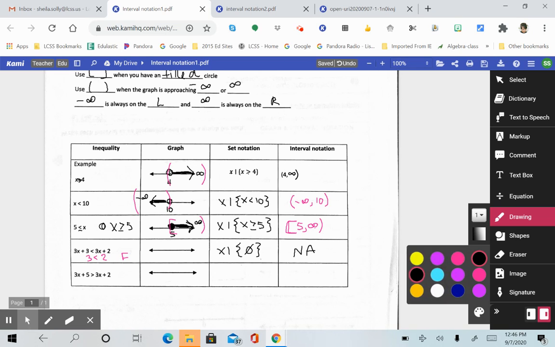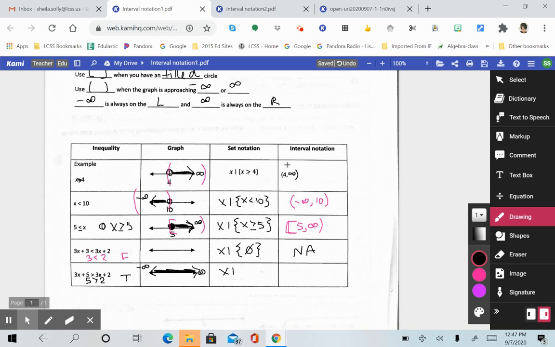All right, let's look at the next example. If we subtract 3x from both sides, we get 5 greater than 2. That's a true statement. And since we have a true statement, every number works. Our whole entire set of numbers from negative infinity to positive infinity.